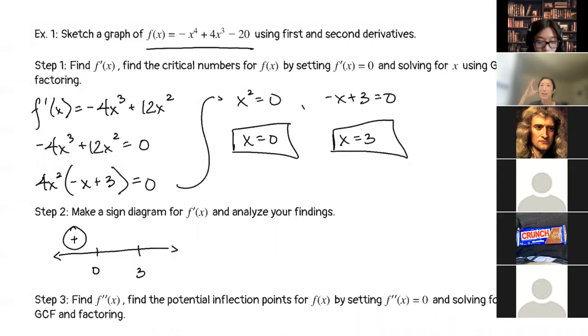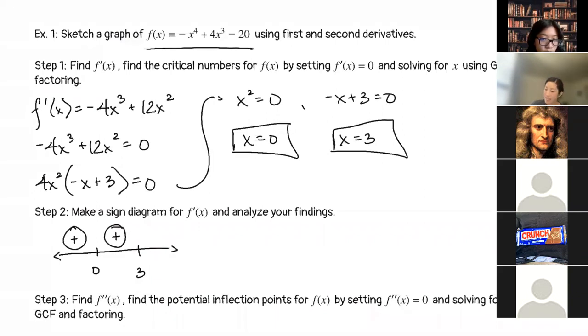But pick a number between 0 and 3, plug that into your derivative because we care about slope, and tell me what sign your answer is. We getting positive? I would agree with that. So I'm going to put a big plus sign and a circle above that region.